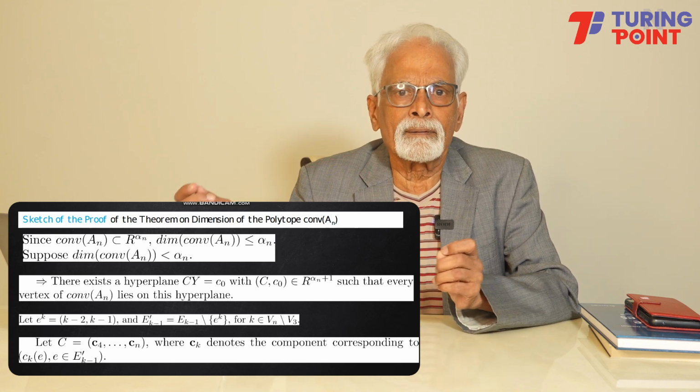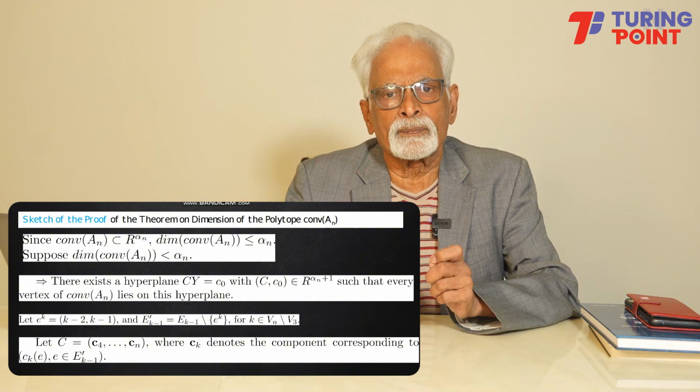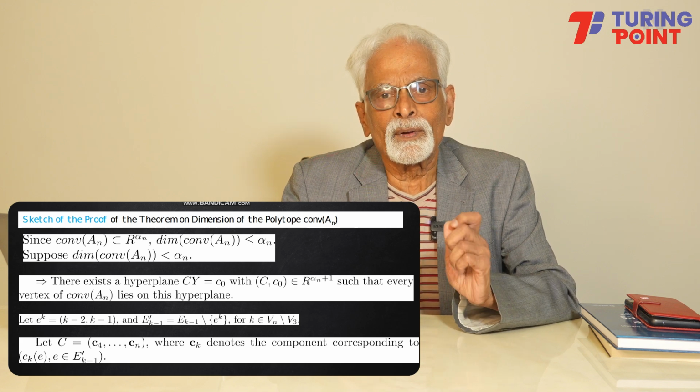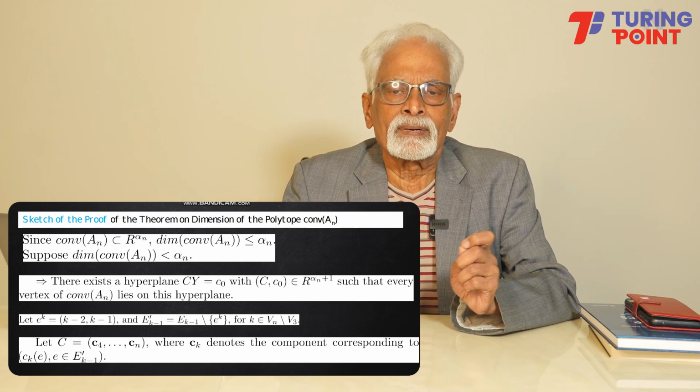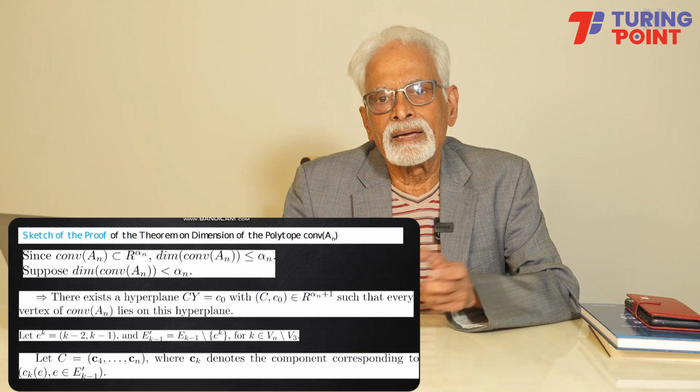And we have a constant C0. So C4 X4 plus C5 X5 plus ... plus Cn Xn is equal to C0, where X4 is the boldface vector. So that will be the hyperplane. If we prove that there cannot be any such hyperplane, we are through. So we'll proceed in this way.